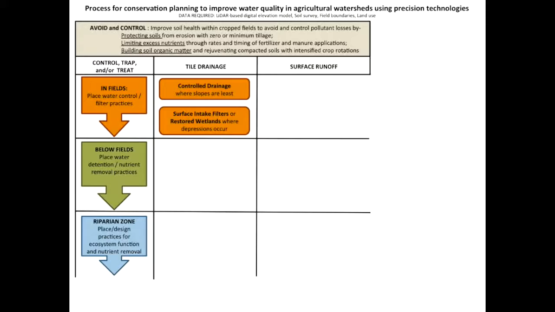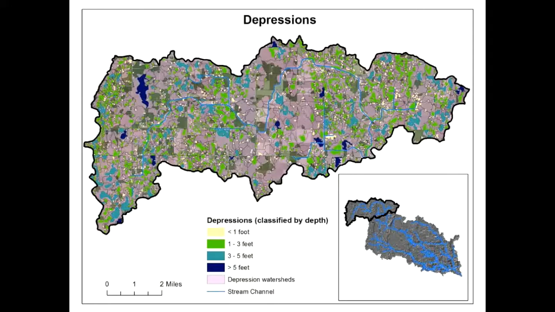Okay, and so just some examples here, looking at these depressions. So this is the uppermost HUC 12 in the South Fork. There's a lot of depressions here, and we've classified these according to depth of that depression, and we also map out the overland flow areas that contribute overland flow into these depressions. And so in this particular HUC 12, more than 80% of the land area, the runoff from that area would flow into a depression before it flows into the stream.